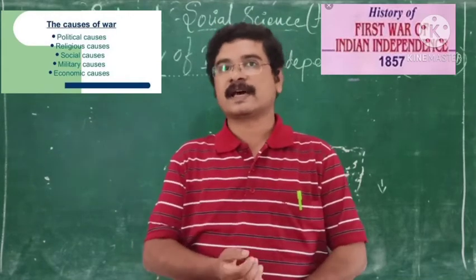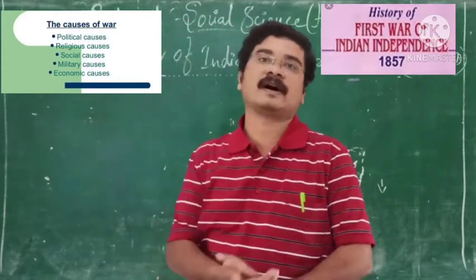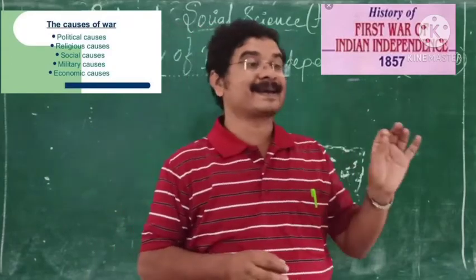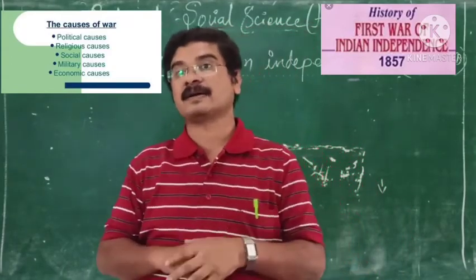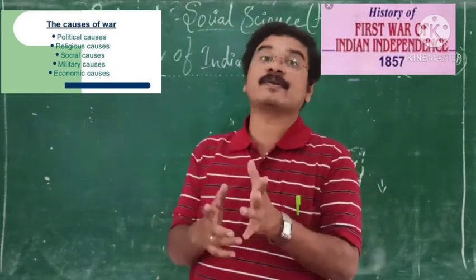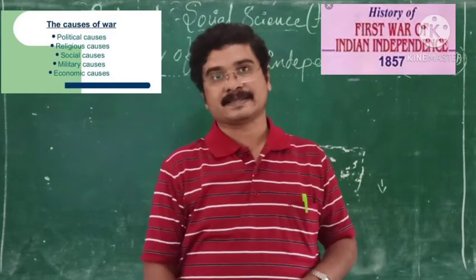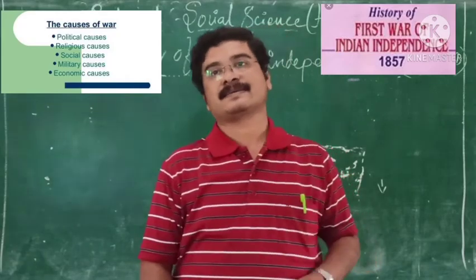Now we are going to learn the causes of the first Indian independence war. The first cause is the political cause. The second is economic causes. The third one is administrative causes. The fourth is military causes. Then the fifth one is the immediate cause.